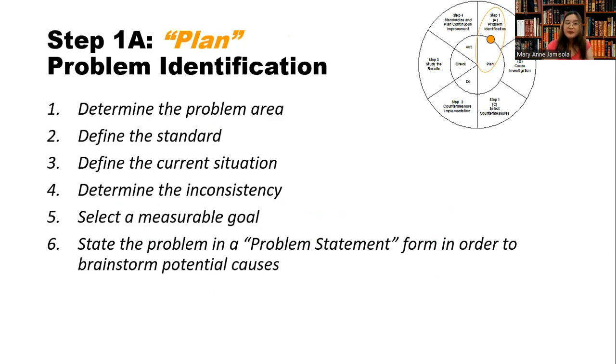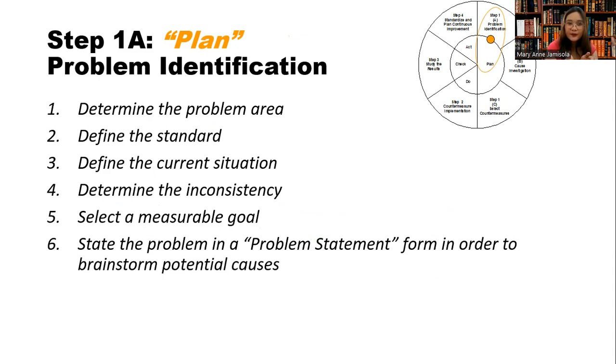So remember our first sub-step under plan. Okay. So the first step, very crucial, is your problem identification. So in this step, we need to determine the problem area. We need to define the standards, if any. So if there are any standards that we need to comply with, we also have to define that. Define the current situation.